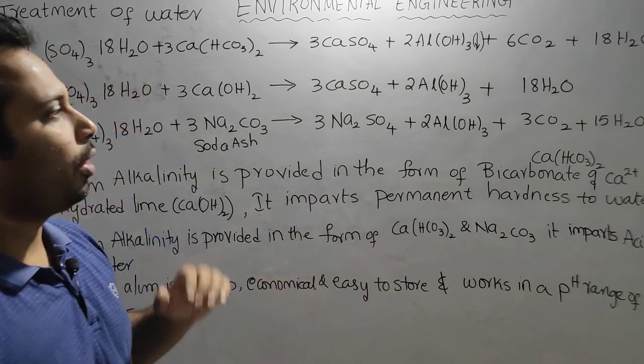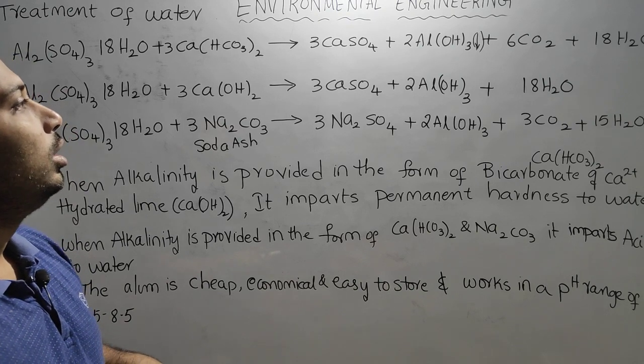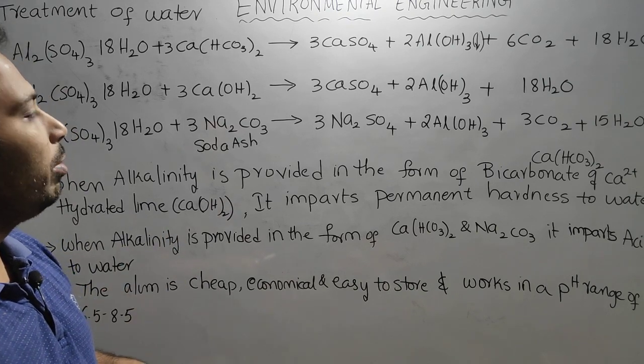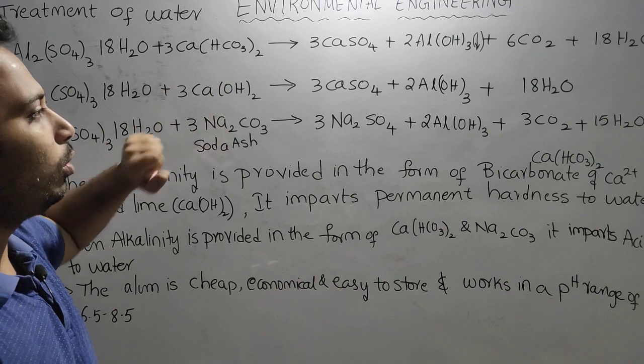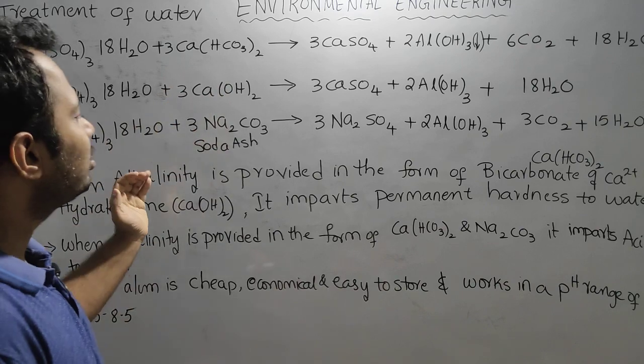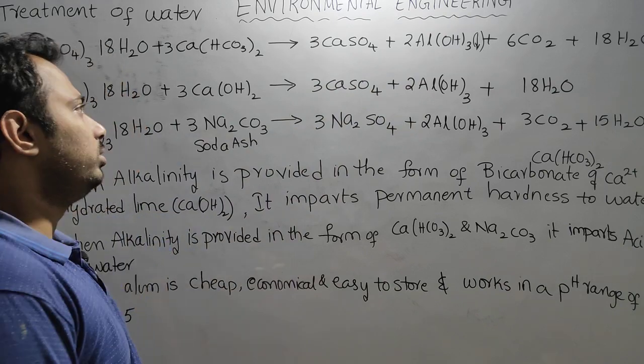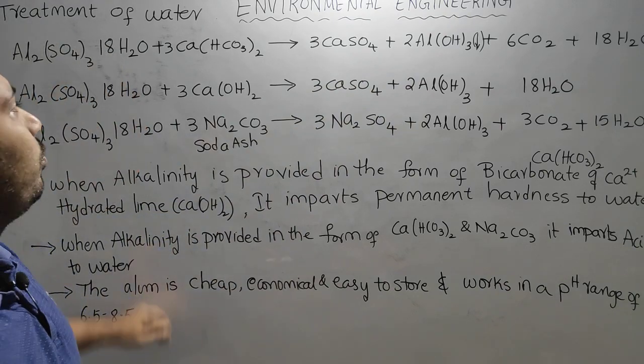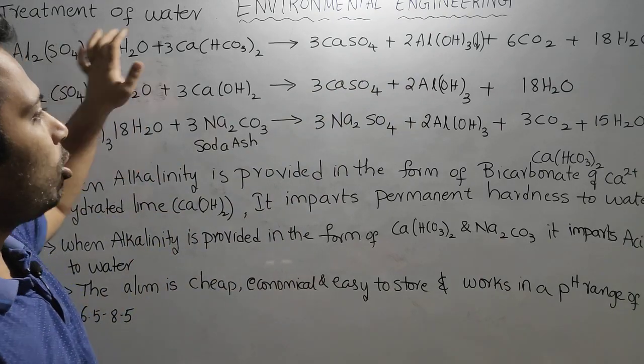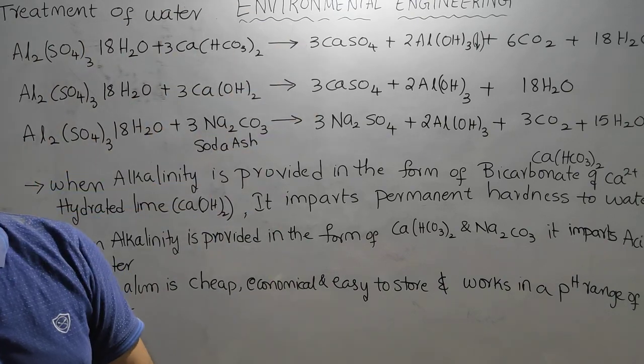And one more important point is that sometimes in the examinations they don't ask you the requirement of alkalinity, they ask how much carbon dioxide is evolving out of this reaction. So for this much dosage of alum, how much carbon dioxide is evolving?